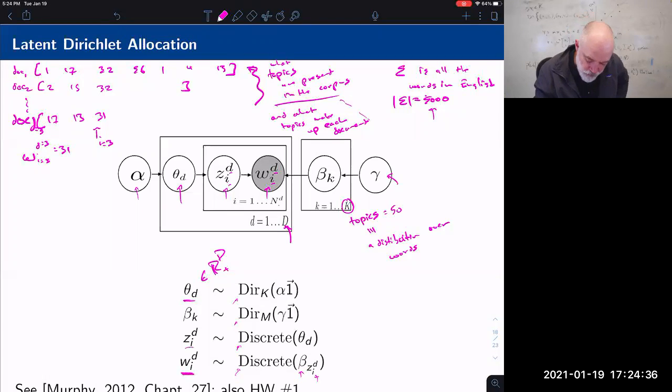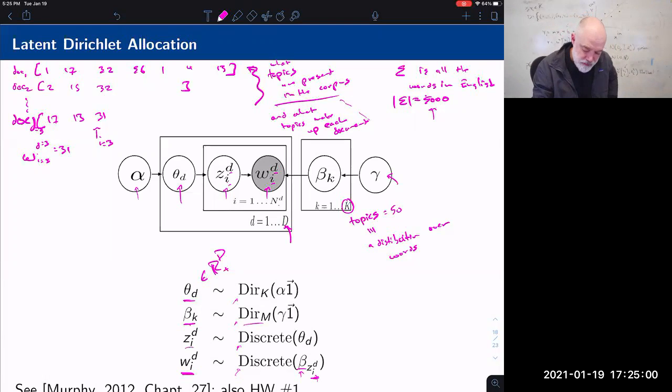Then the individual words are drawn by selecting the topic vectors, the topic discrete probabilities, according to the indicator variable drawn before. And again, a distribution over words is what a topic is.